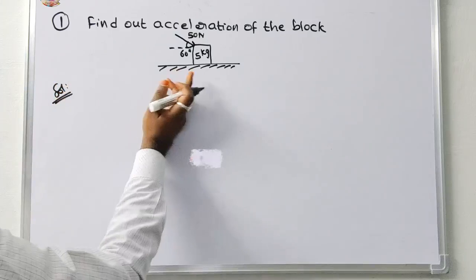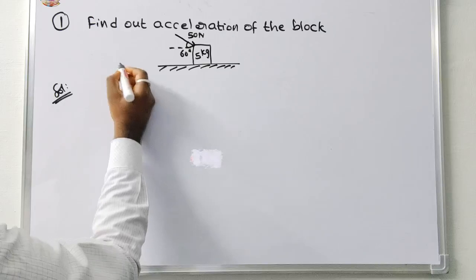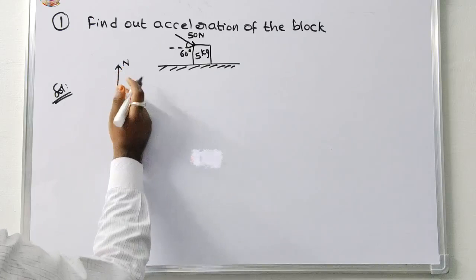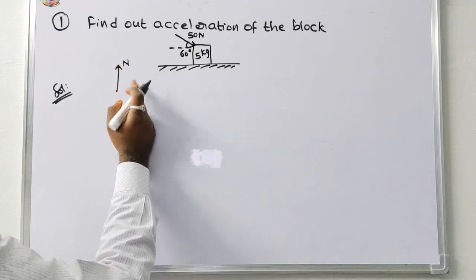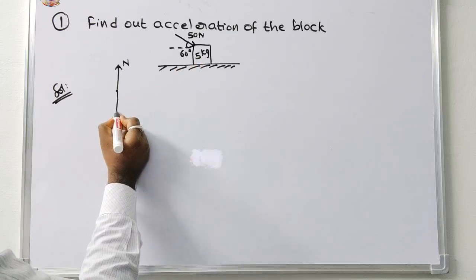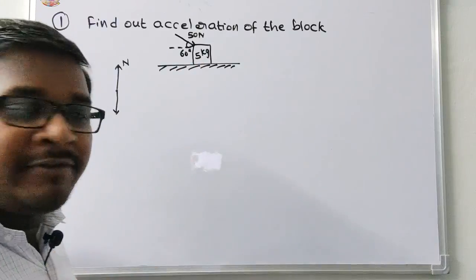First, draw the free body diagram. The normal force acts in the upward direction. The weight acts in the downward direction. The weight is equal to mass into acceleration due to gravity.